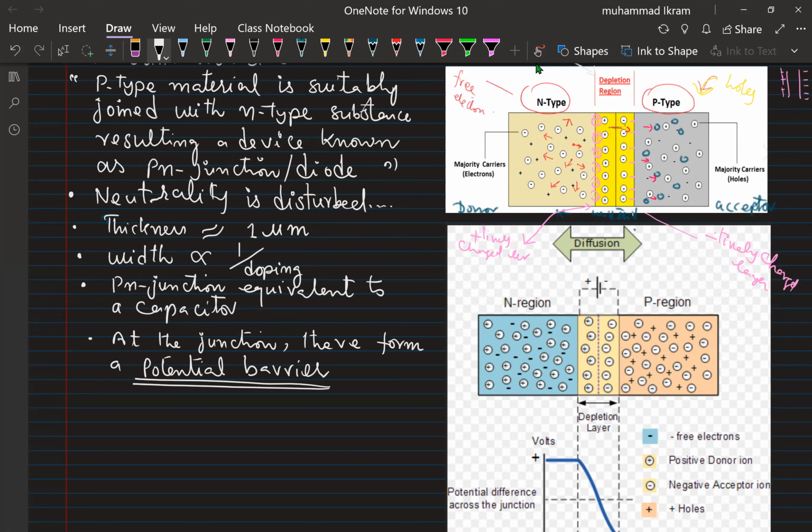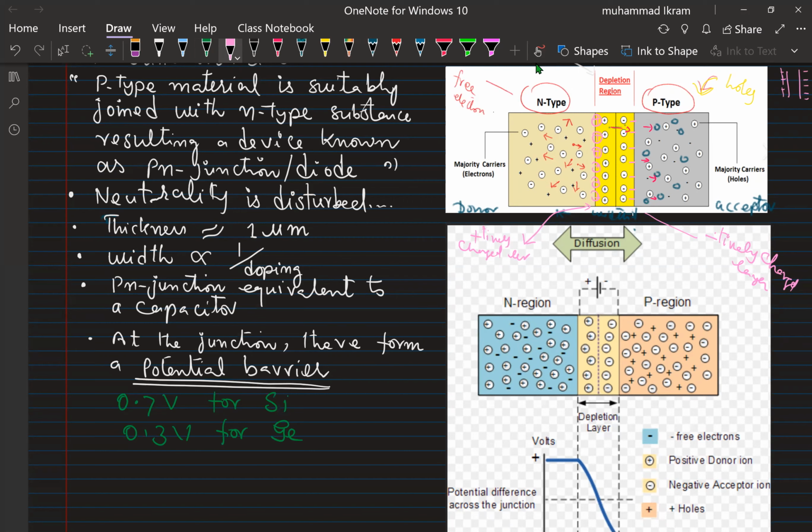And this potential barrier is 0.7 volt for a diode made of silicon, and it is 0.3 volt for the PN junction diode made of germanium. So this potential barrier does not allow the diffusion of the free electrons from the N region into the P region.